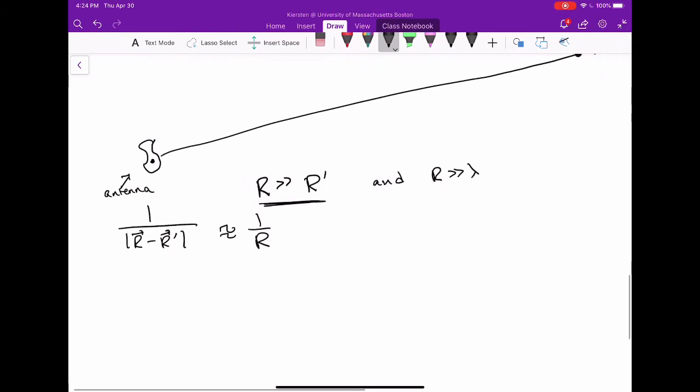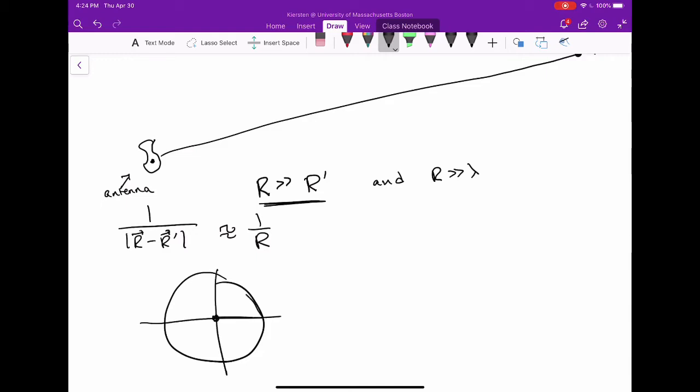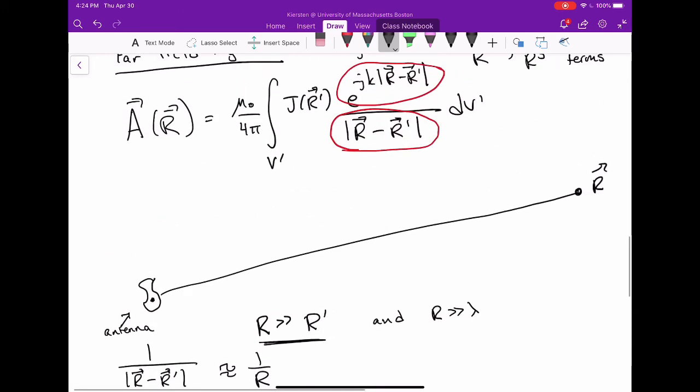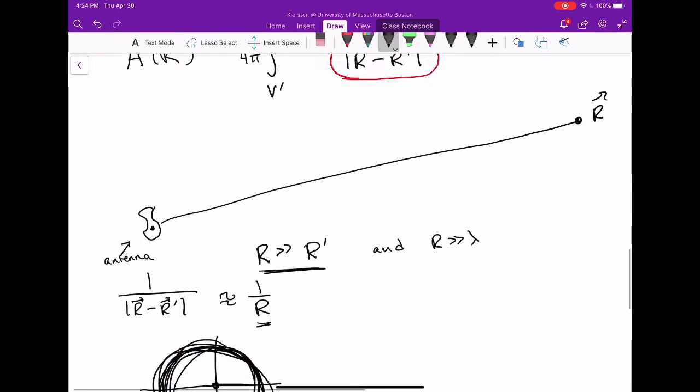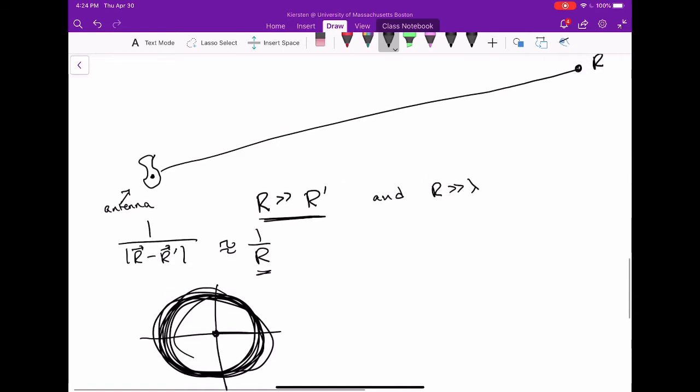However, the phase term still, because that phase factor keeps looping around the unit circle over scales that are small compared to R, we still have to account for that phase variation in the R minus R prime. But we can simplify it a lot.